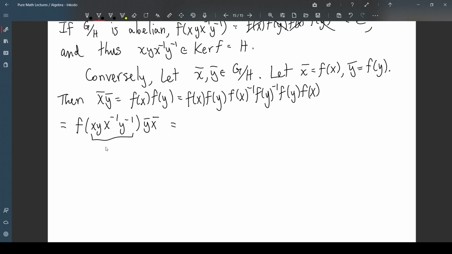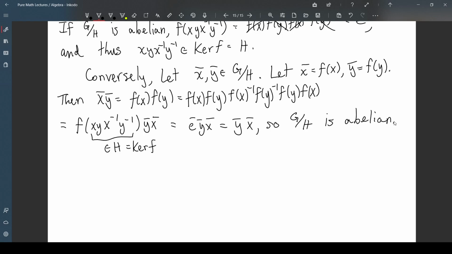Now this is in H, which is the kernel of f. So this is equal to E bar, y bar, x bar, and so this is equal to y bar, x bar. And so G mod H is abelian. Okay. So we showed both directions.